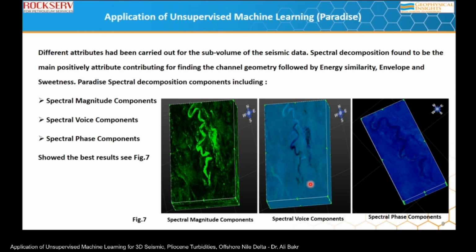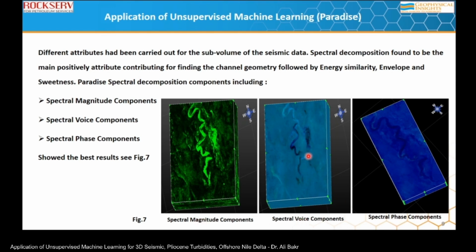You can pick it up either here or in the magnitude, the voice, or even the phase itself. Something interesting on the voice itself is that the isolation of another channel could be there, which you can see more pronouncedly and more effectively on the voice and maybe the magnitude rather than the phase.